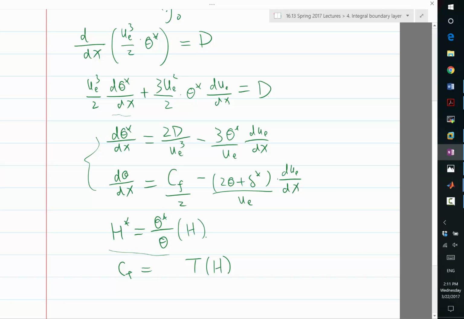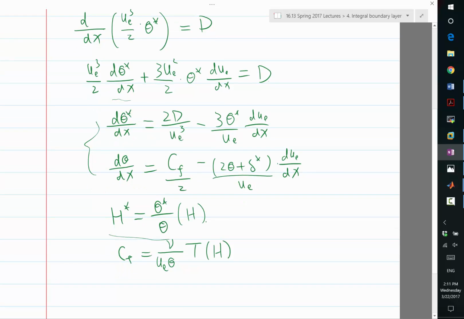So theta has to be divided, and I think you have a nu and ue, right? So this is like 1 over the Reynolds number based on theta. So we have H star modeled as a function of H. We have Cf modeled as a function of H. And in the same way, the dissipation D can also be modeled as a function of H.